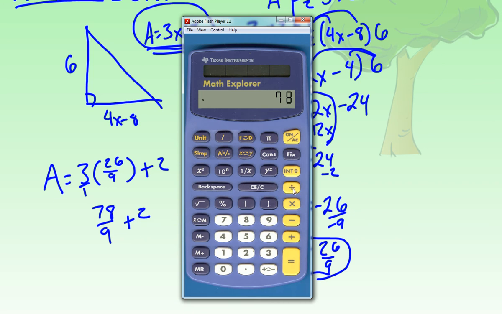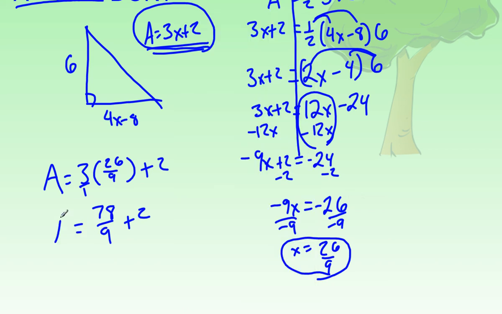I'm just curious, what's 78 divided by 9? That's 8 and 2/3. The decimal expansion is 0.6666666, which is rounded, and that decimal expansion is 2/3. So 78/9 simplifies down to 8 and 2/3. I think that's going to be a little bit easier to work with.